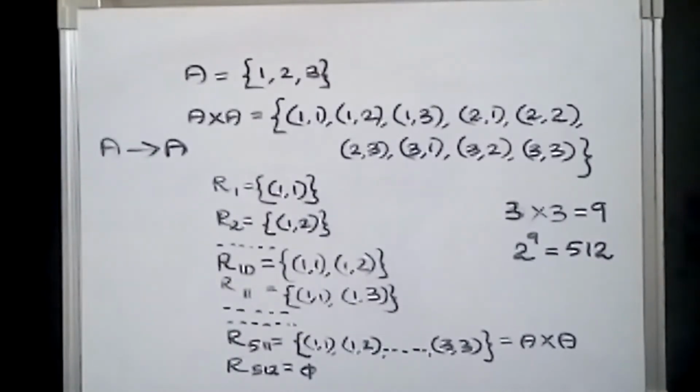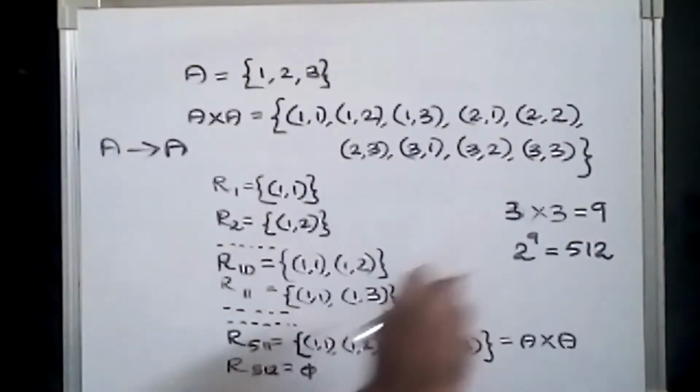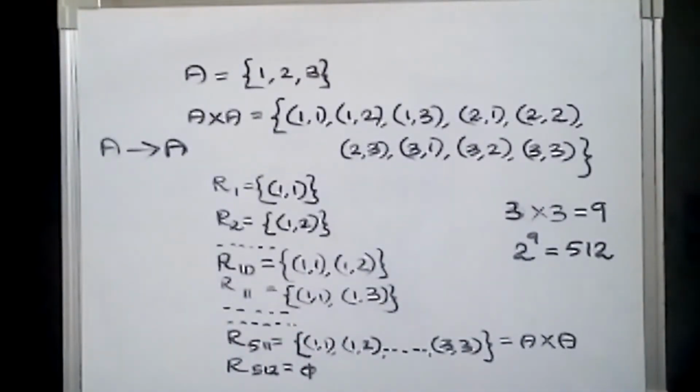The first one is the universal relation, and the second one is the empty relation.